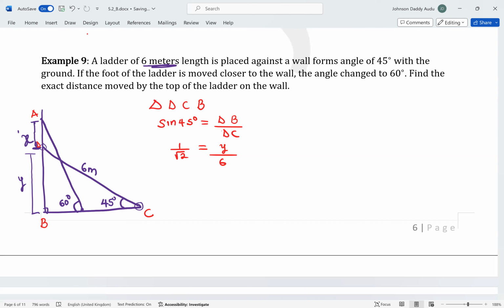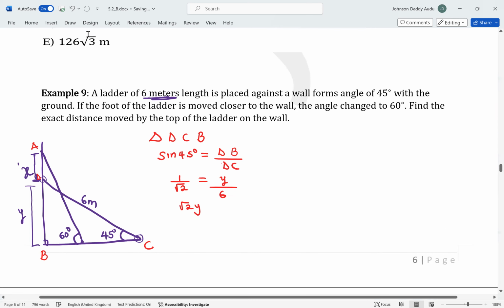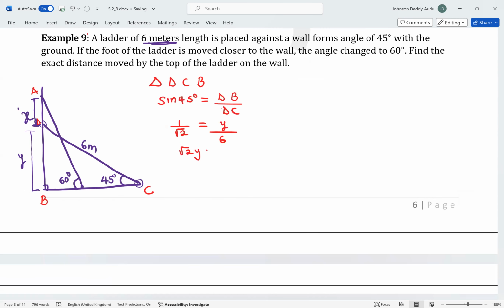So you can see that here you will have root 2 y equals 6. So y is 6 over root 2, which we can rationalize, so this will become 3 root 2. So this is y.